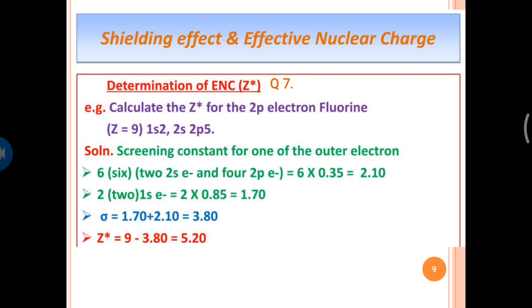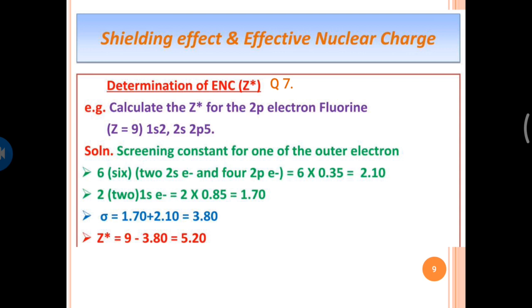Then the 2 electrons of 1s2 contribute 2 into 0.85 is equal to 1.70. The total screening constant of the fluorine atom is sigma is equal to 1.70 plus 2.10 is equal to 3.80.